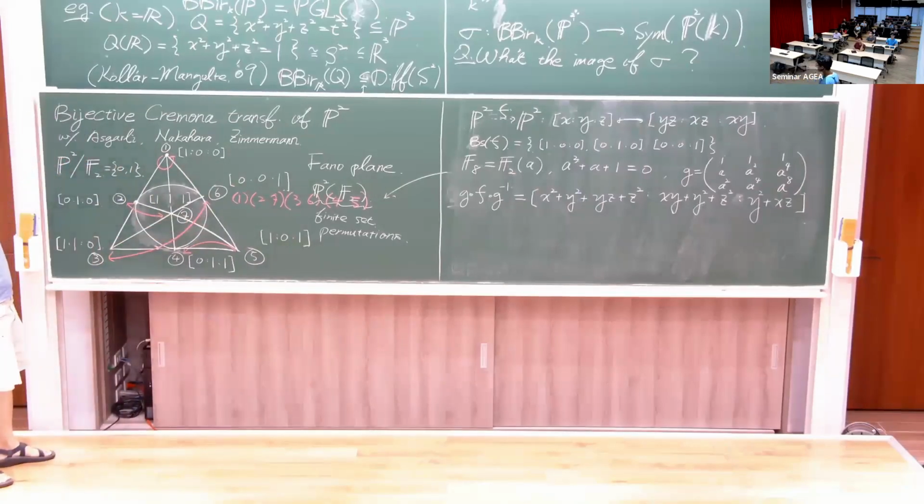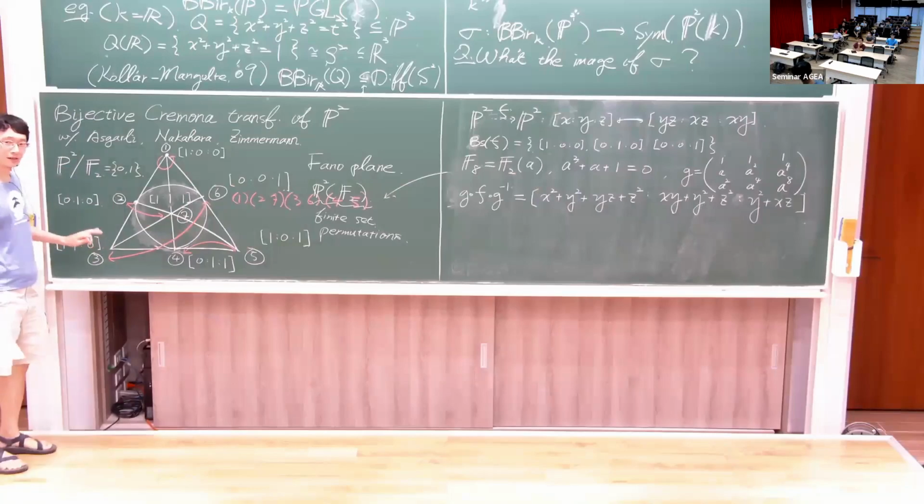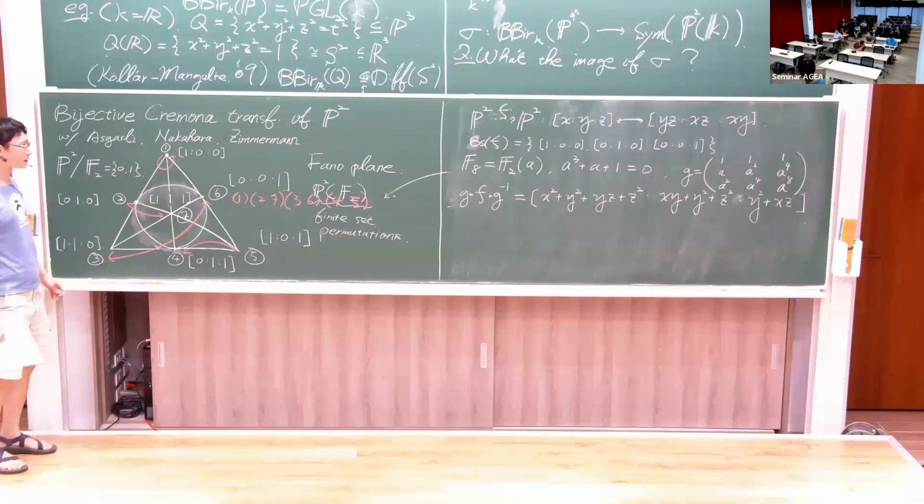If you plug in 1, 1, 0, you should get 4, which is 0 in characteristic 2, so 0, 1, 0. Okay, I think it should be correct. So if you plug in everything correctly and don't get too nervous, you should get everything correct.